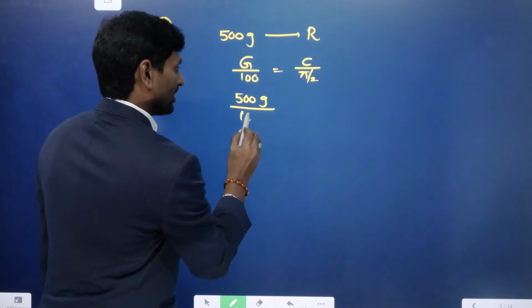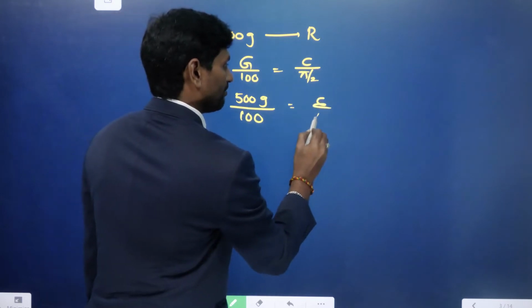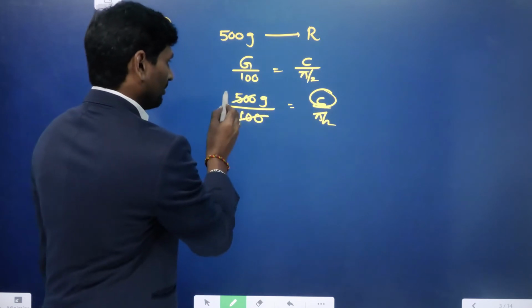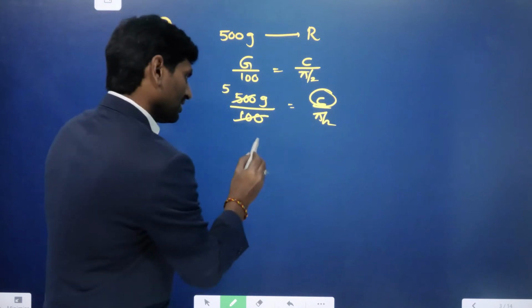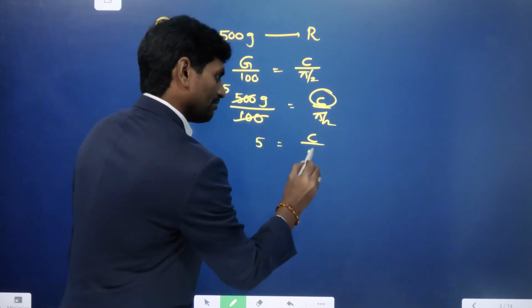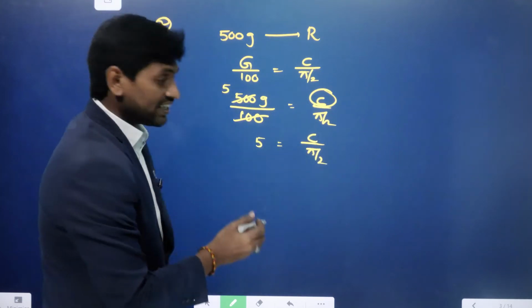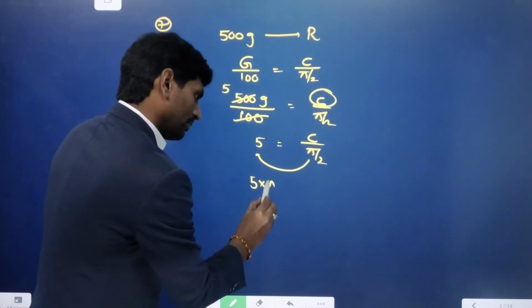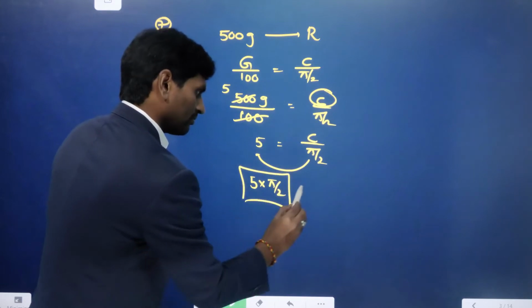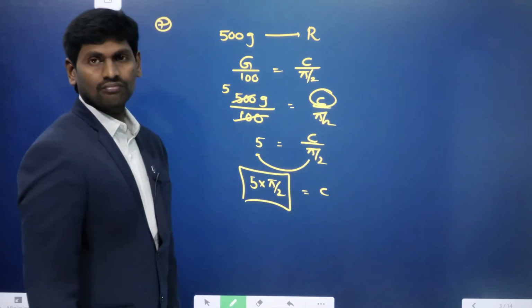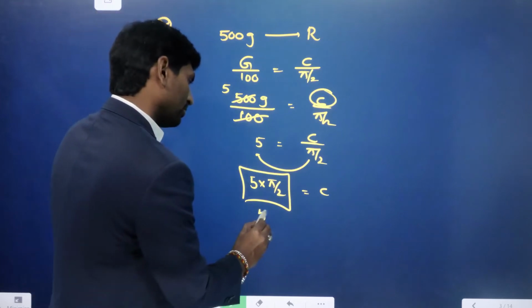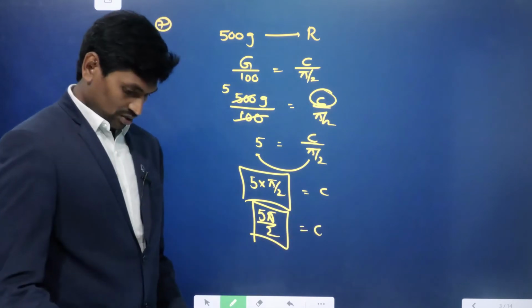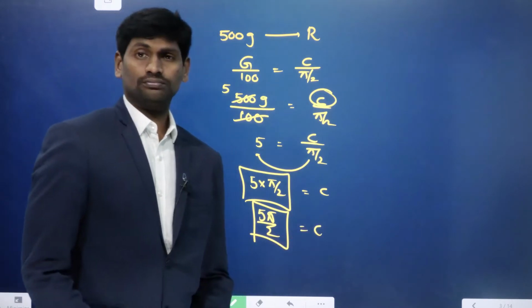So 500 by 100 equals C by pi by 2. C value we need to find. 500 by 100 is 5, so 5 equals C by pi by 2. The pi by 2 is dividing on this side; when you transpose it, it is multiplied. That means 5 into pi by 2 equals C. So 5 pi by 2 is the answer, so your option is 4.